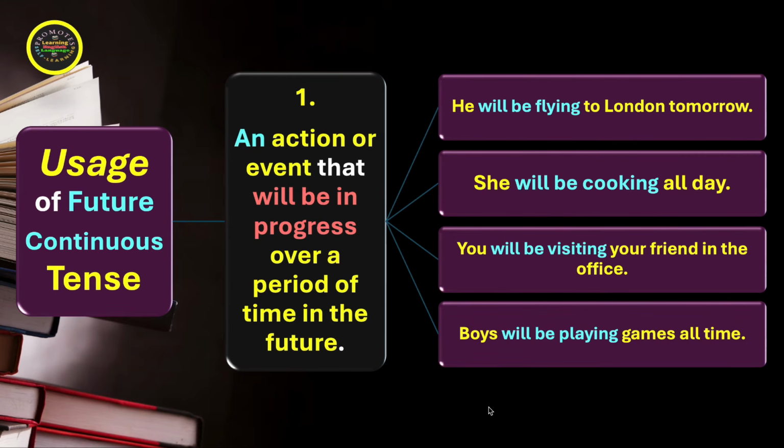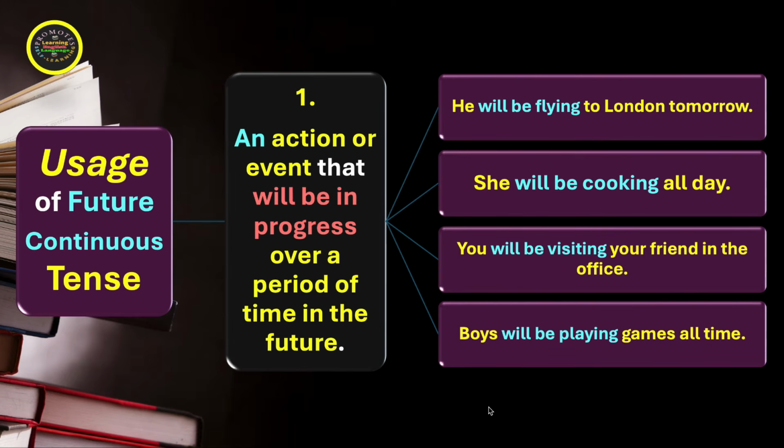What we notice in all these examples of future continuous tense is that an action is progressing in future. I imagine that something will be going on in future. For example, at the moment I'm sitting and I imagine that my friends will be watching movies in the evening. Let's see another example. I'm here in the office and I think about a work that will be progressing in future.